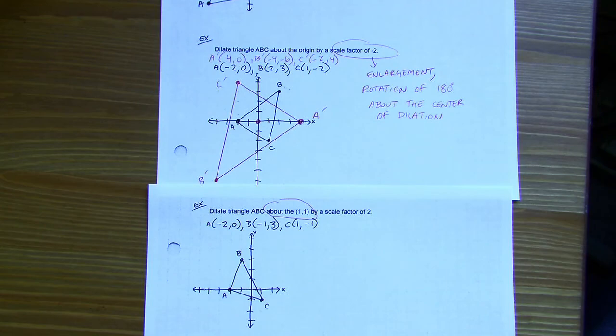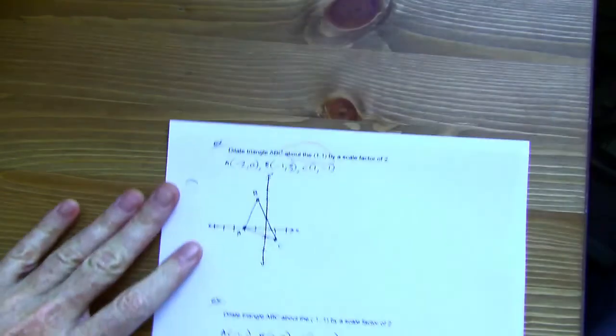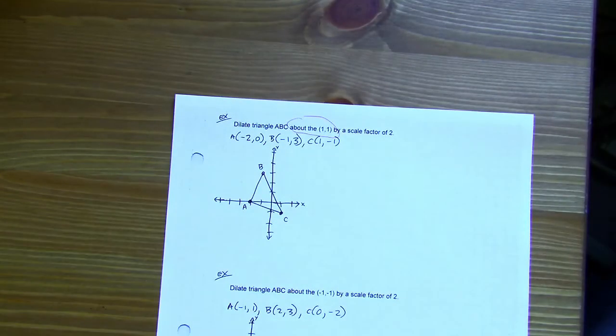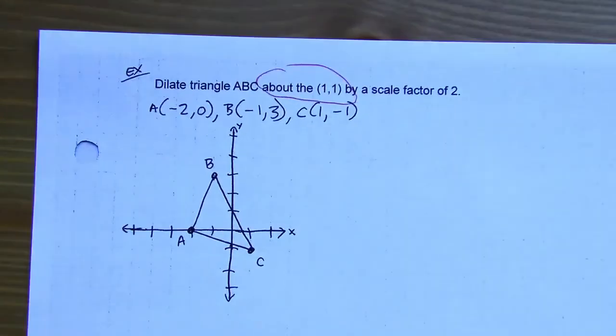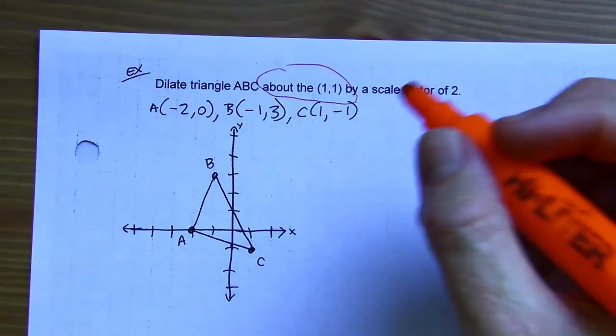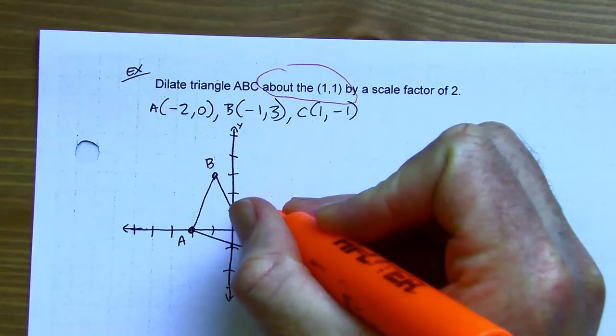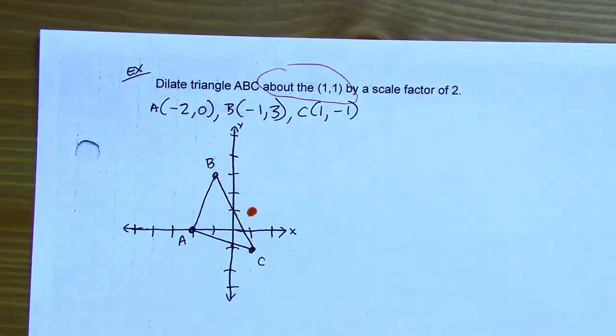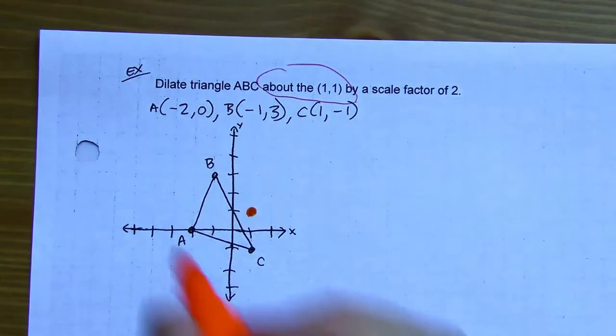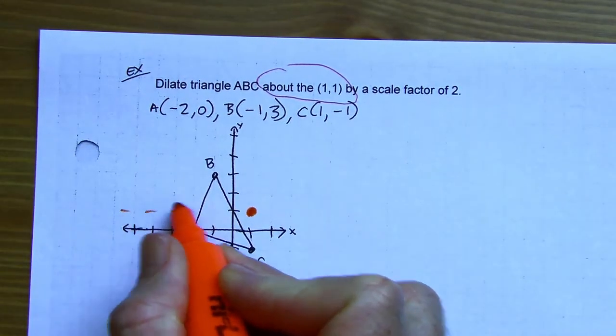So this is going to be like a new XY axis. You can do this with a pencil or whatever, but I'm going to mark the point 1, 1. This is my center of dilation, and then I'm going to put some dashed lines in here.